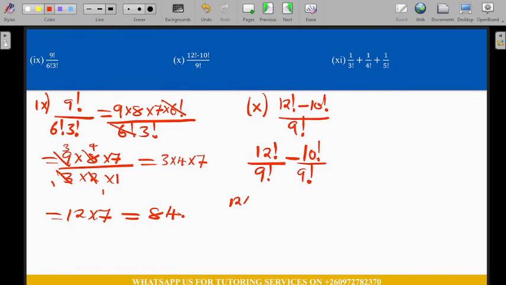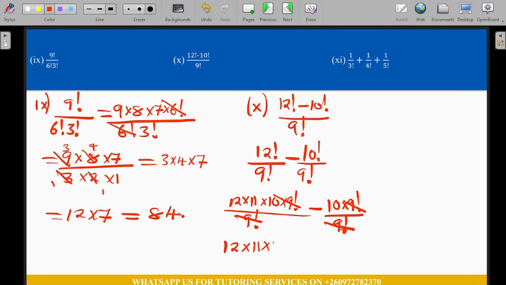So we say 12 times 11 times 10 times 9 factorial over 9 factorial. Then minus, again here we're going to reduce 10 up to 9 factorial. So it will be 10 times 9 factorial over 9 factorial. So 9 factorial and 9 factorial cancel. Even here 9 factorial cancels.